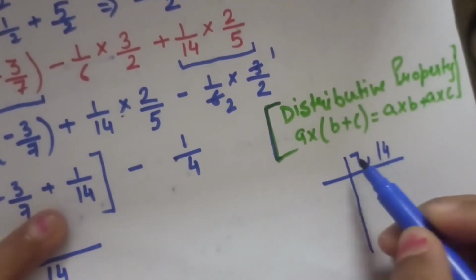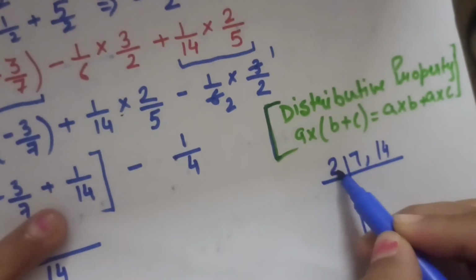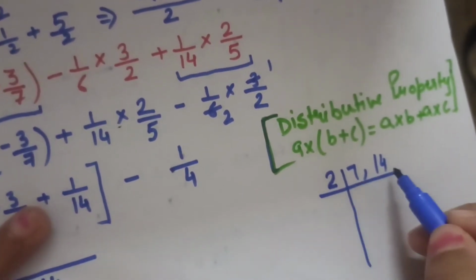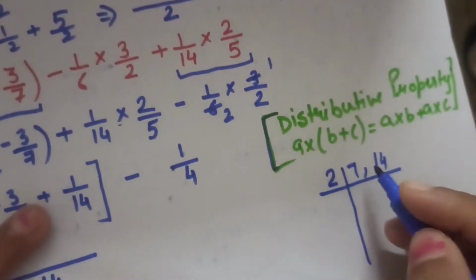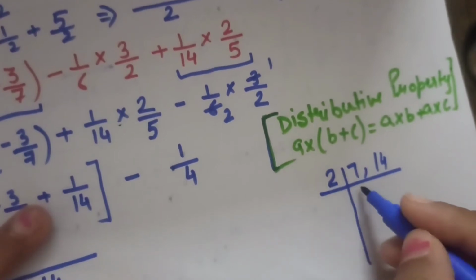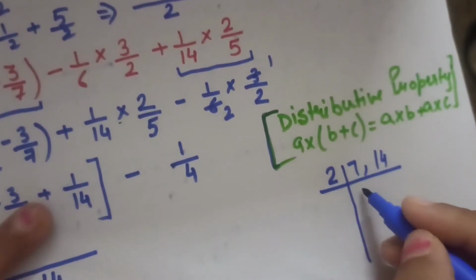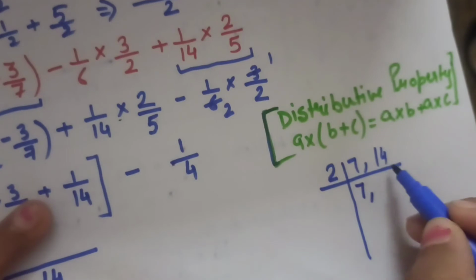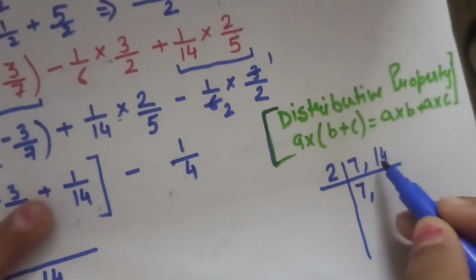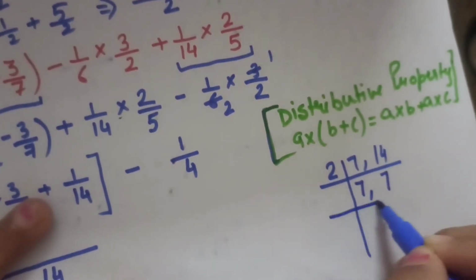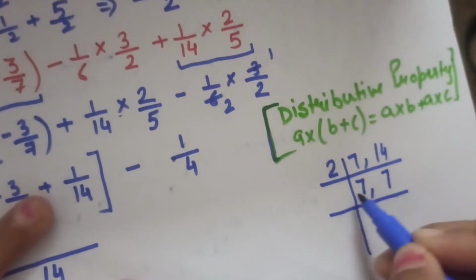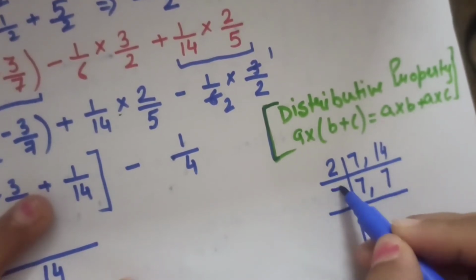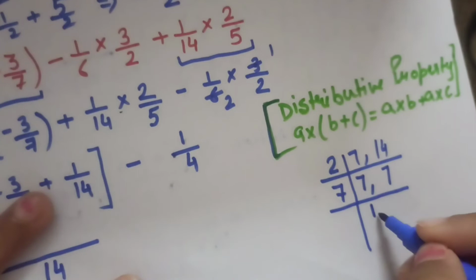7, 14: first of all, we'll divide by 7 because 14 comes in the table of 2. 7 does not come in the table of 2, so 7 will remain the same. When we divide 14 by 2, we'll get 7. Now 7 and 7 are prime numbers, so it will be divided by 7 itself.